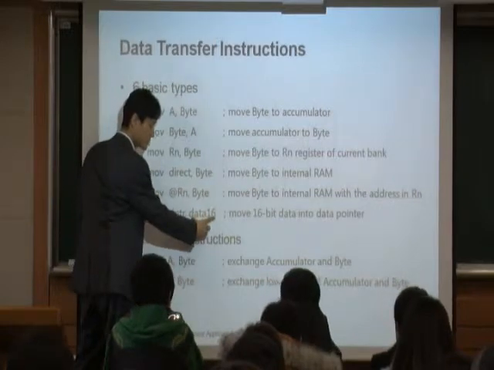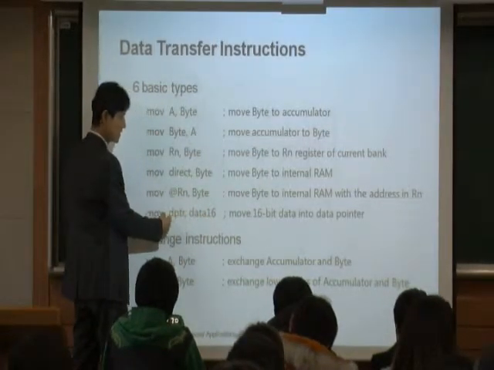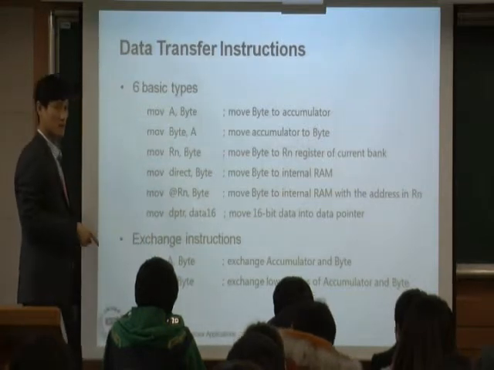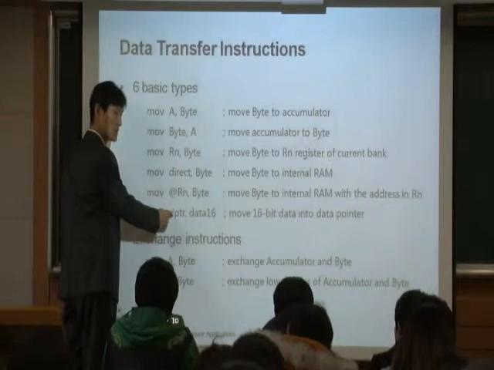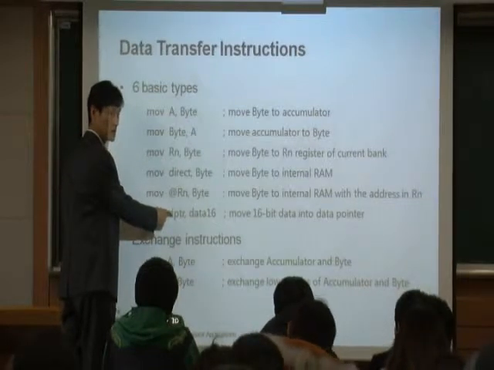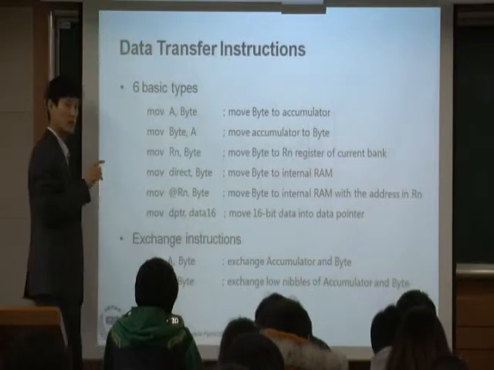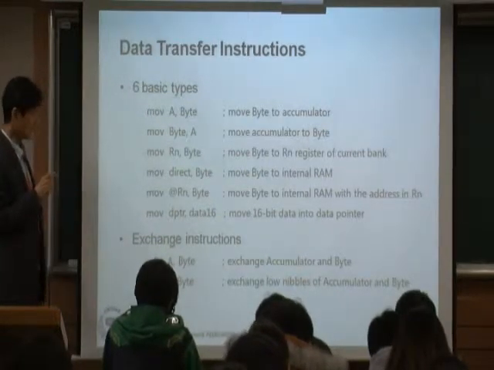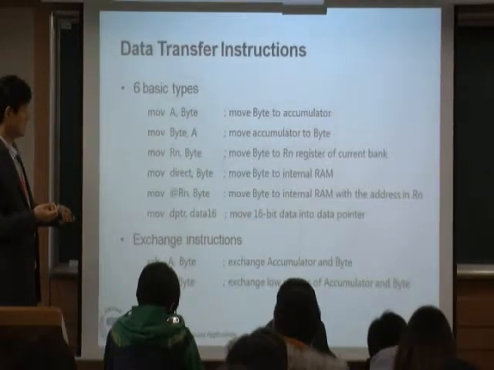In this case, the 16-bit data is actually an address. Put that into DPTR. DPTR is a data pointer. This is one of the registers. This register particularly is a 16-bit register, right? The value inside this register is actually an address. So sometimes if we need, you can do it this way.